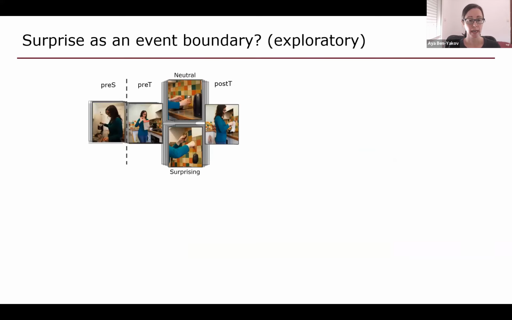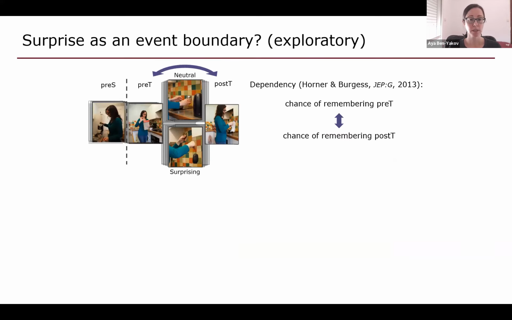So we have these scenes, and we're using a measure of dependency that's inspired by work by Aidan Horner and Neil Burgess. And basically what the dependency means is that if elements are in the same event, we expect there to be dependency in their memory.